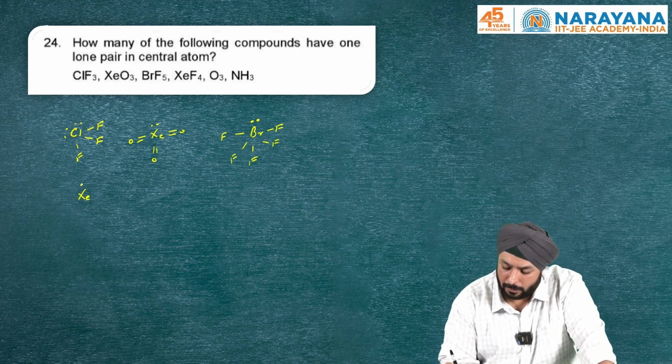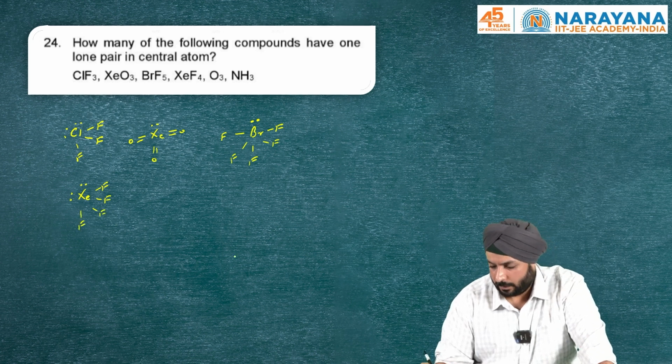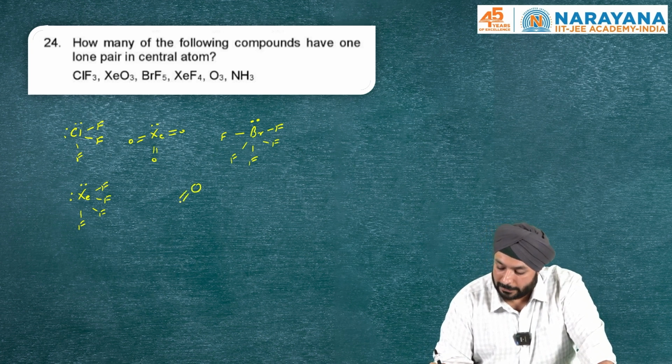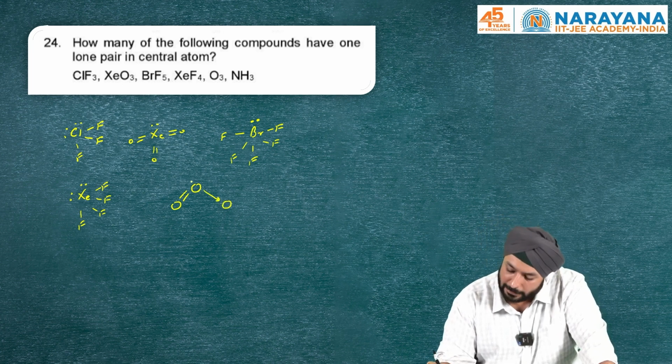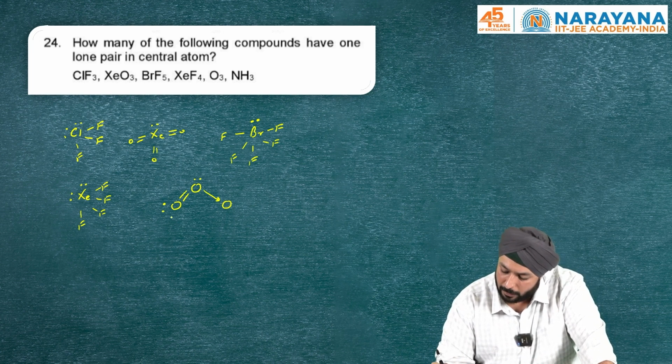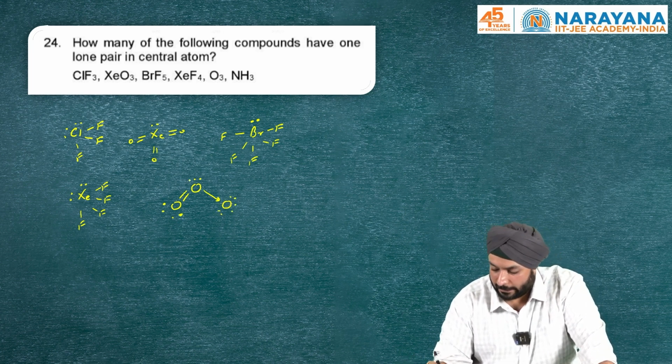XeF4, 2 lone pairs will be left over, 4 fluorines will form a single bond with it. Ozone, the central oxygen atom will form a double bond and a coordinate bond with the other oxygen, so I'll have one lone pair left. Again, the central atom has one lone pair.